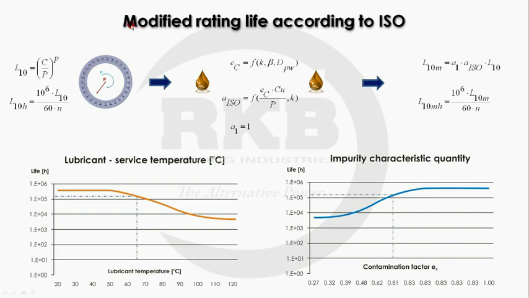Modified rating life L10M is a more reliable method to calculate the bearing life. According to ISO 281, this method evaluates the bearing life by using the life modification factor, a_ISO, and the life adjustment factor for reliability, a_1, that are dependent on the type, size, and internal geometry of the bearing, the manufacturing quality, the fatigue limit of the raceway material, lubrication method, type of lubricant, viscosity, additives, cleanliness, and filtration, operating temperature, and bearing speed.